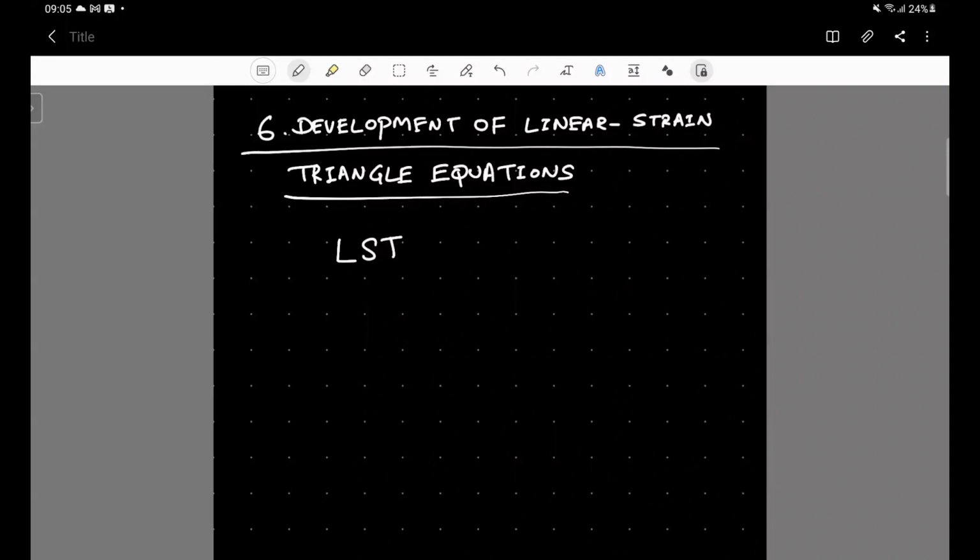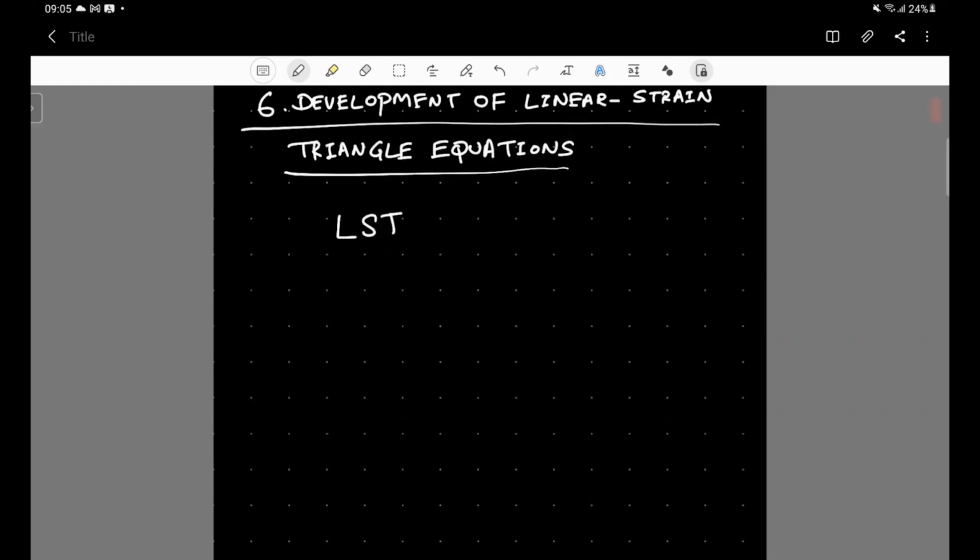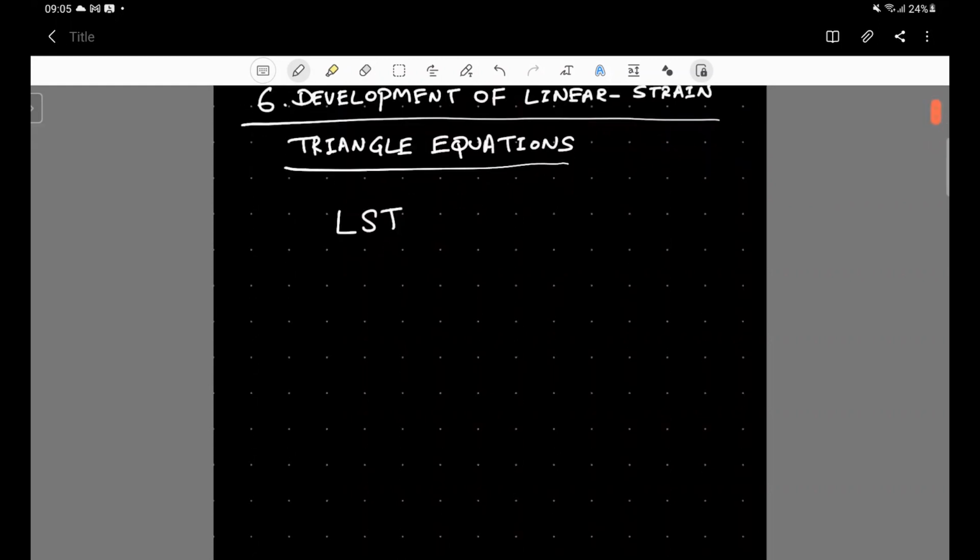While there are improvements in incorporating the linear variation of the strain, it comes at a computational cost. So let us compare the CST element and the LST element, which we are going to focus on today.